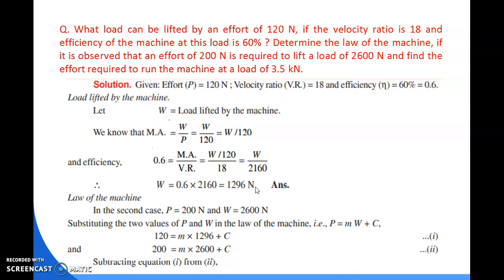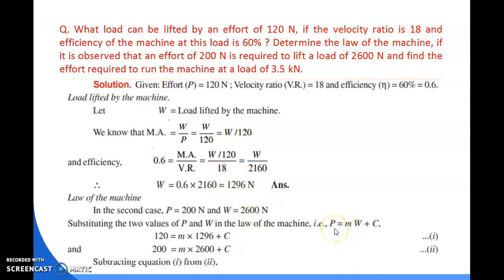Now for the second phase, according to the law of a machine, the value of P is equal to 200 Newton and W is equal to 2600 Newton.